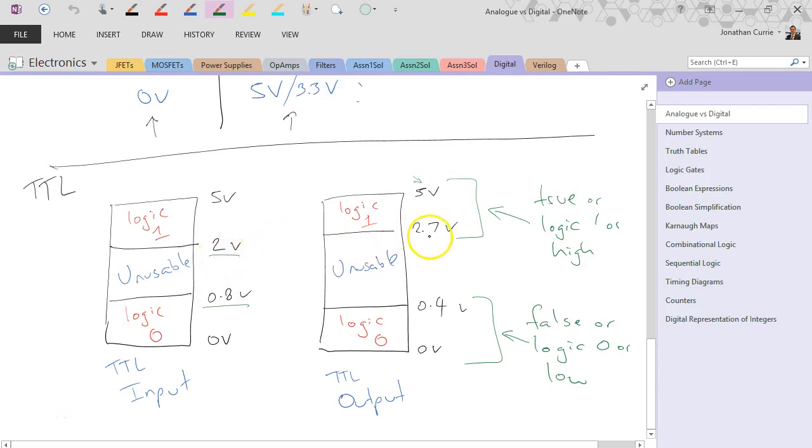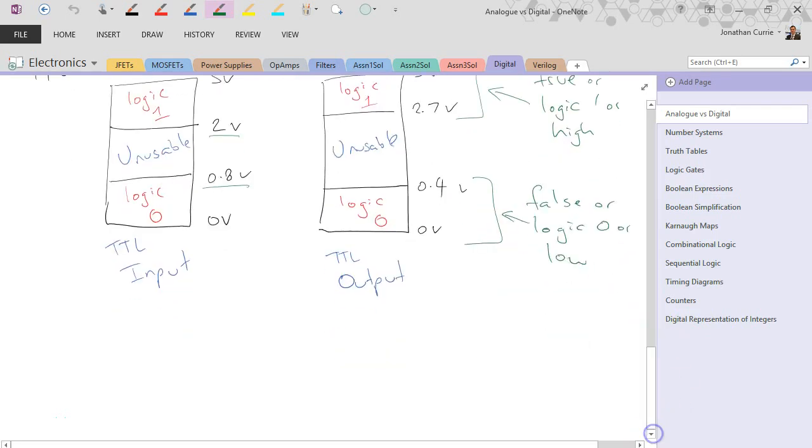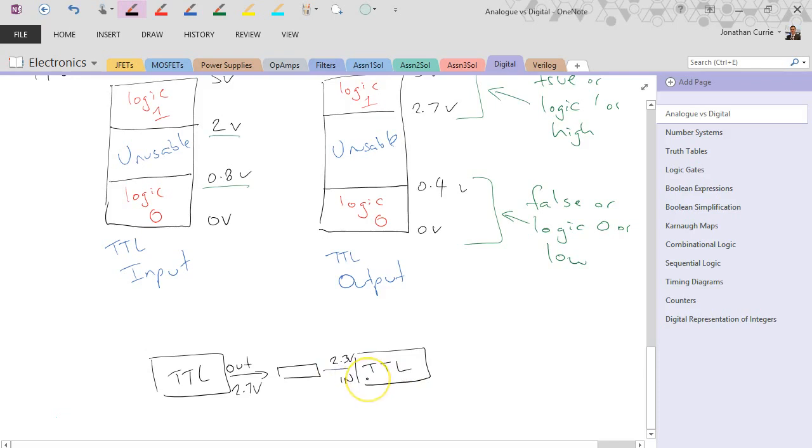Noting it's lower than the output, and the reason being that if there's a small voltage drop between the TTL output, so let's just draw it. Here's our TTL digital device with our output. Let's say it's at 2.7 volts. There's a small line resistance, okay, and it reaches here at 2.3 volts into this device.